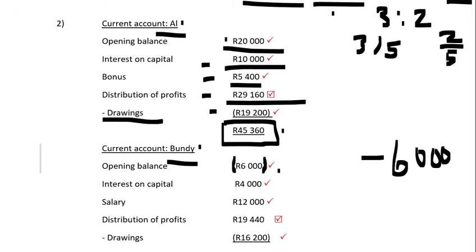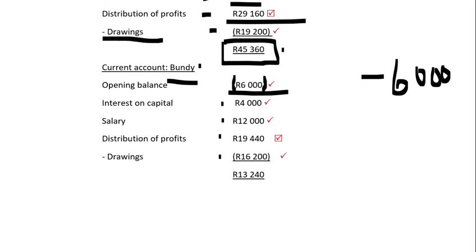Then for Bundy, remember Bundy had a debit opening balance in brackets, but earned interest on capital, a salary, and also got a distribution of the profit, less the drawings, which takes Bundy back into positive territory, and the current account balance will be 13,240.